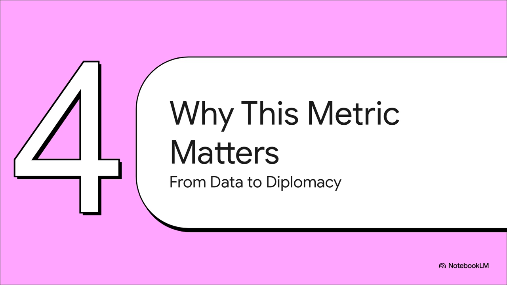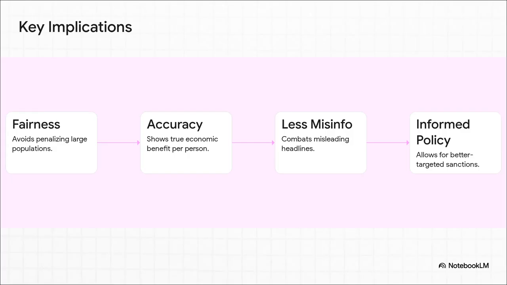So look, this is way more than just a fun math exercise. Shifting our focus from those big, empty totals to a per capita view has real, tangible consequences. It affects public perception, it affects international diplomacy, it fundamentally changes how we think about what's fair and what's accurate on the world stage. There are really 4 key reasons why this approach is so important. First, it's about fairness.